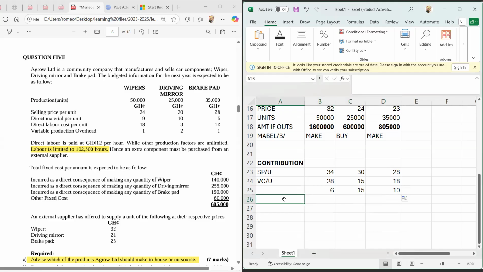Then what's our limited factor? Always take note. See this one. Let me show you this one. Our limited factor is what? Sometimes you can get two limited factors. By all means, there is one that is not limited. They'll give you two variables, or overheads.